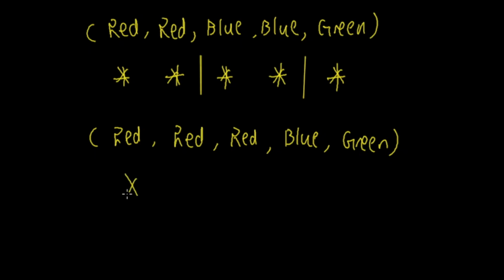Now the first 3 are red, so that is one category, and I will draw a bar here to separate this. Then 1 blue and 1 green are the second and third categories. So I separate the categories like this.